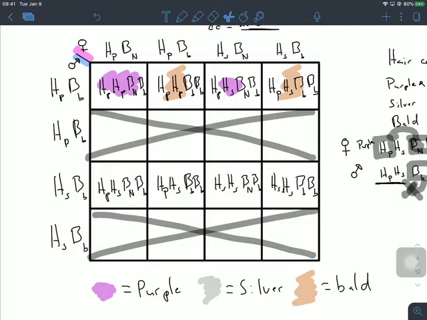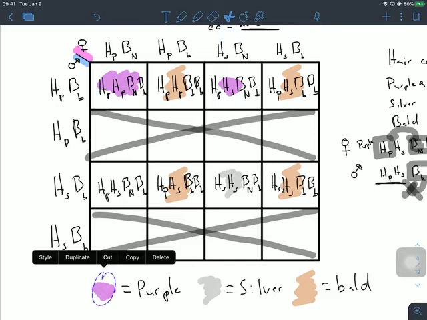Down below, you'll notice the pattern. Two little b's, two little b's. Let's go ahead and make those two balds right away. And then two cases where you have balding with silver, and purple with non-bald.